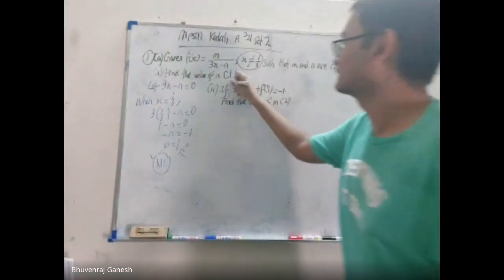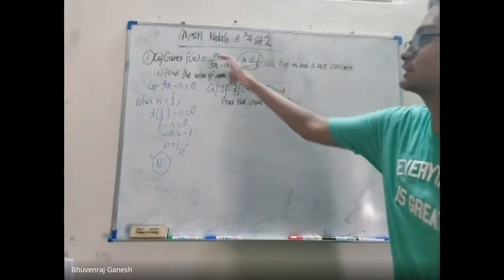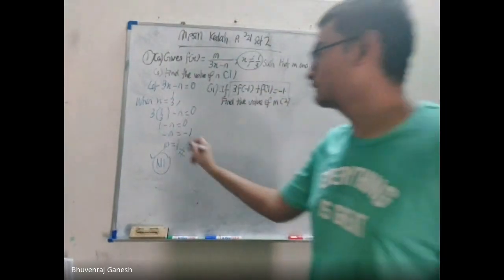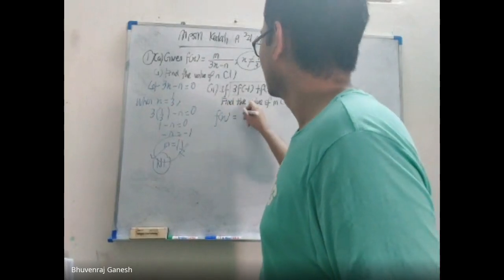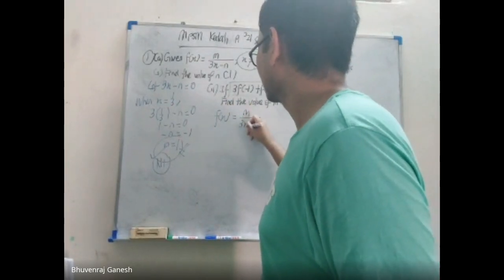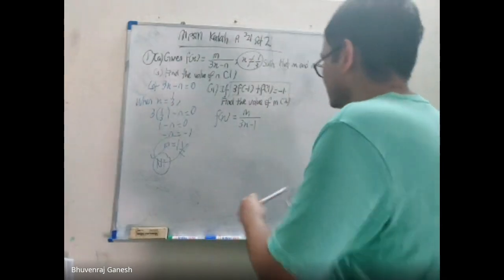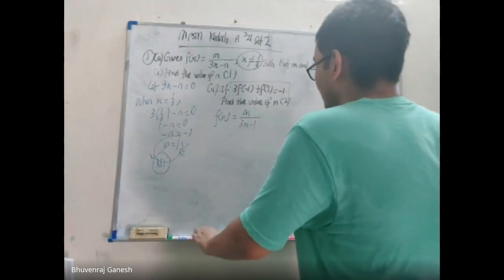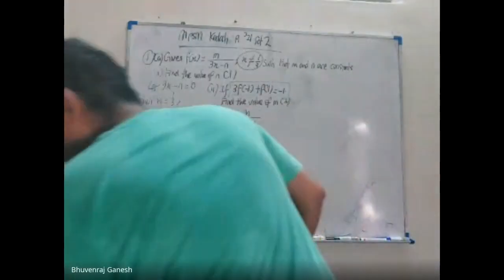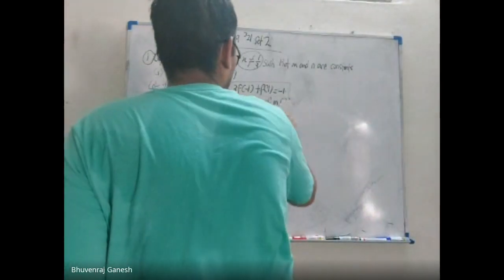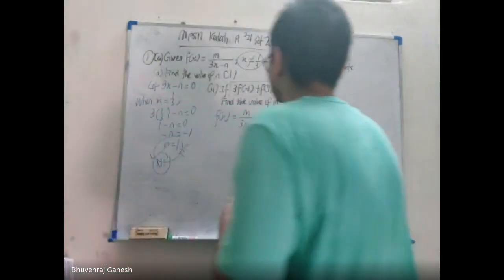This kind of equation, but actually no, it's just about the function here only. So make sure you update your value of n. So you will get fx is m over 3x minus 1. So from here you can proceed already. So they said find the value of m. This is 2 marks.